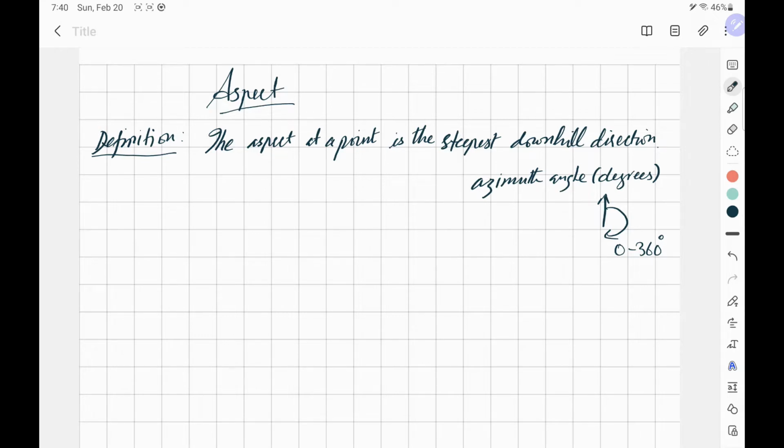Now let's define aspect from ArcGIS. Before that, I would like to comment on the steepest downhill direction.